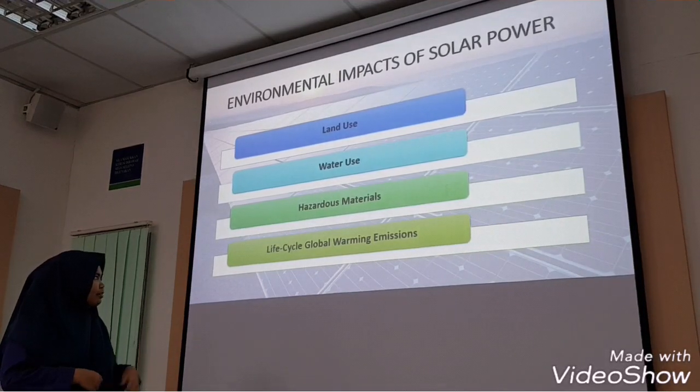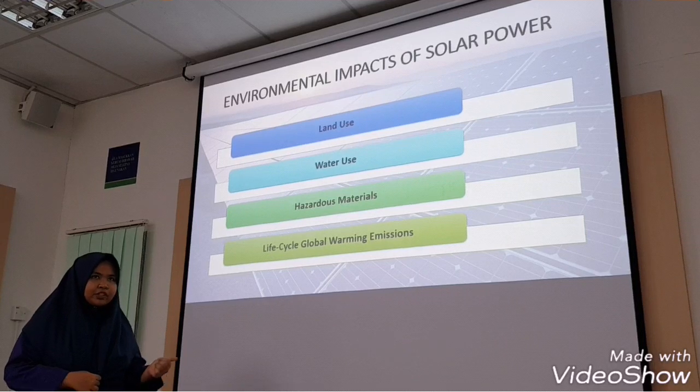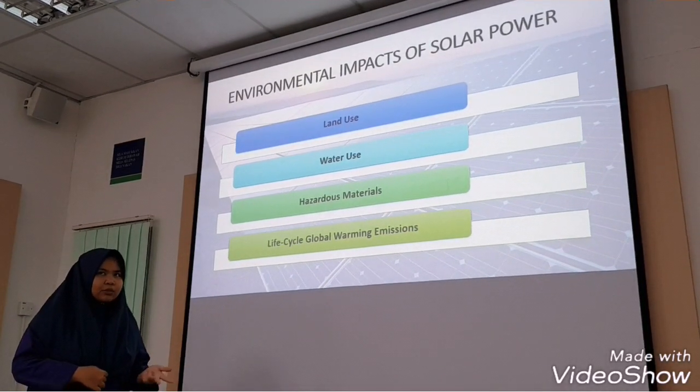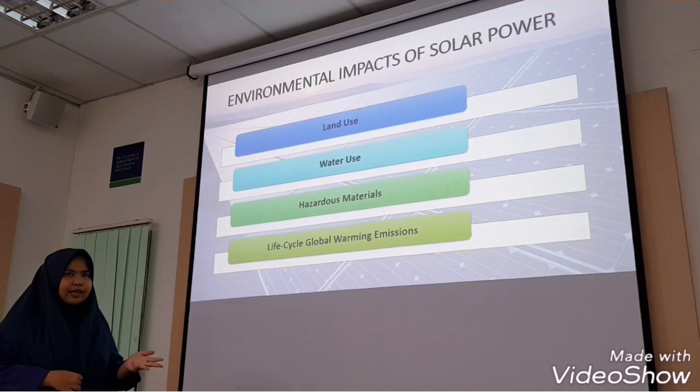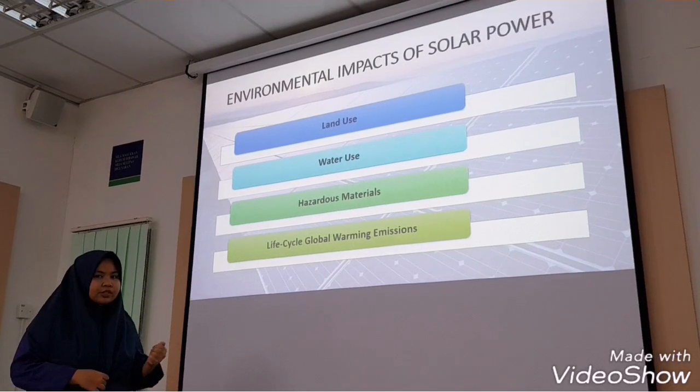And finally is the life cycle global warming emission. This is because during manufacturing, transportation, installation, commissioning and dismantlement, it requires energy and other resources.